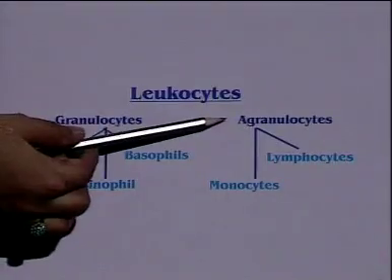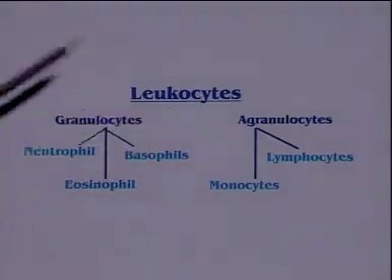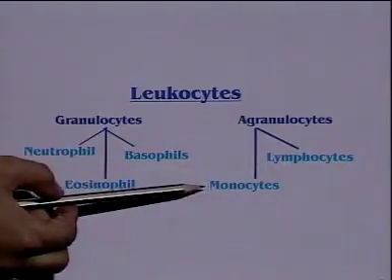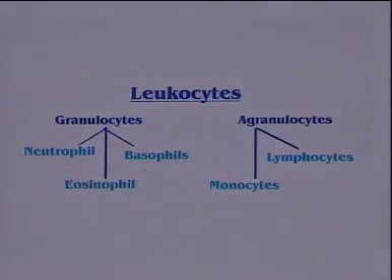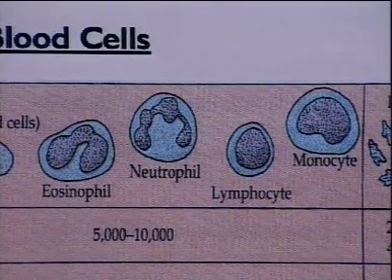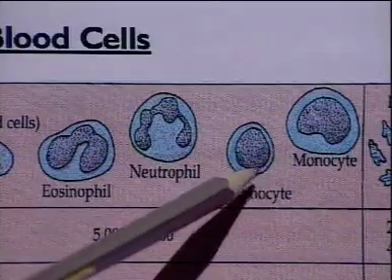Now, the agranulocytes. There are two types of agranulocytes. These are the lymphocytes and the monocytes. Lymphocytes are about 20 to 30% of the WBCs. These are formed in the lymphatic system and spleen from the precursor cells which originate from the bone marrow.